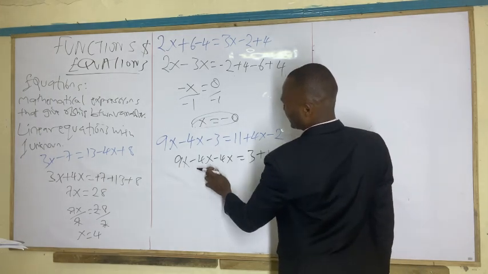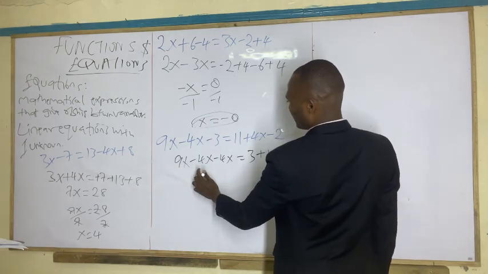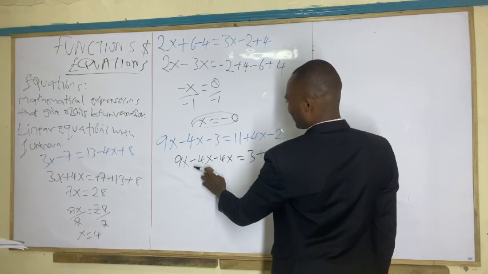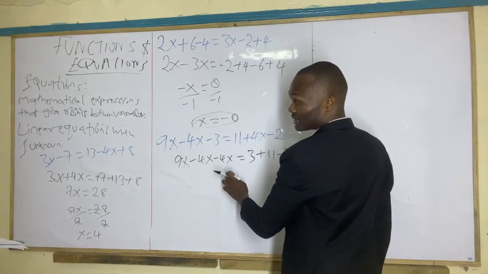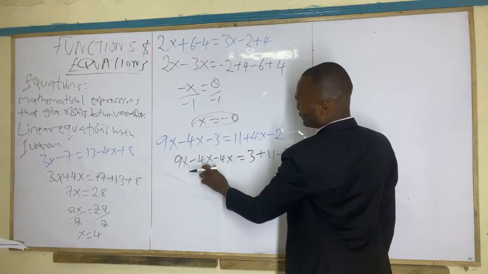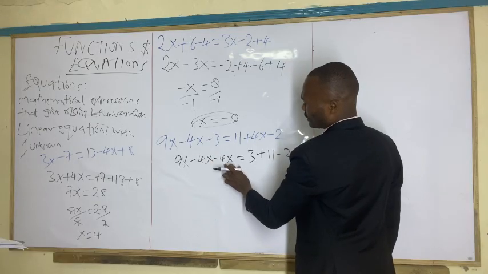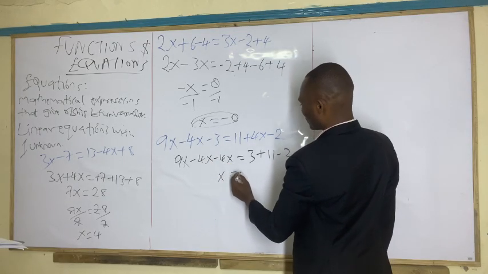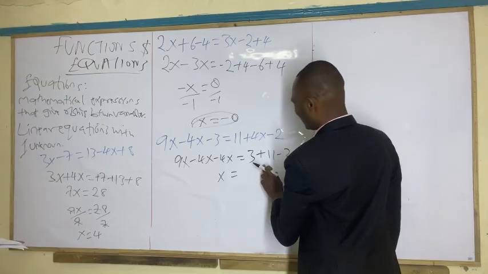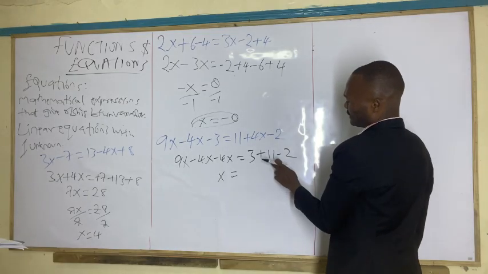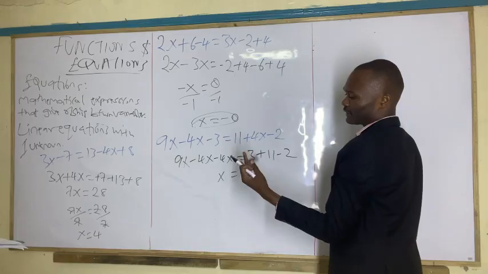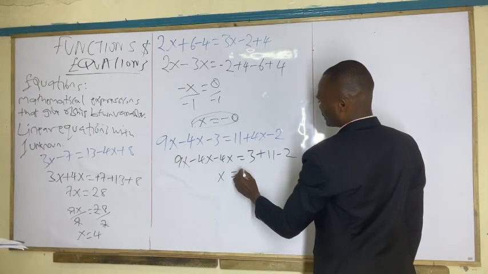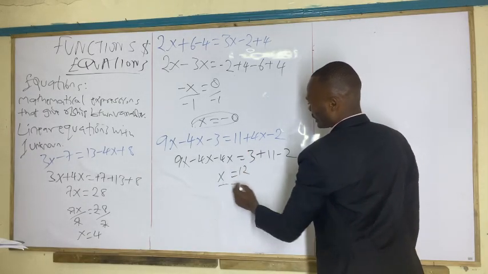So 9 minus 4 is 5x, you understand? Or negative 4 minus 4 is negative 8. So x is equals to 3 plus 11 is 14. 14 minus 2 is what? It is 12. So x is equals to 12.